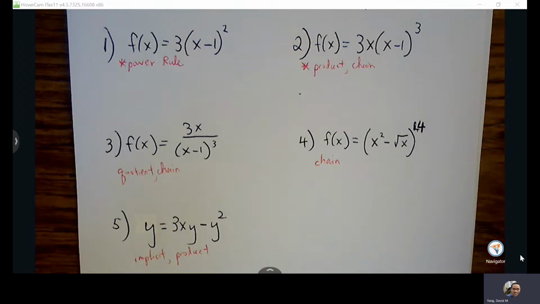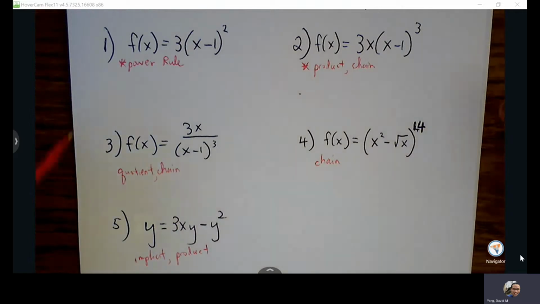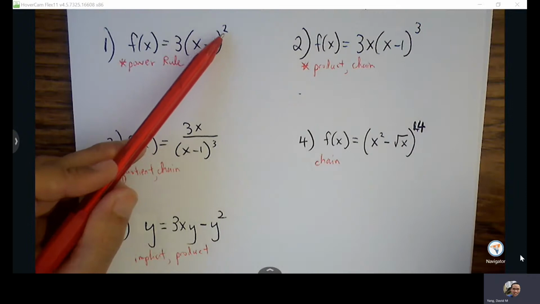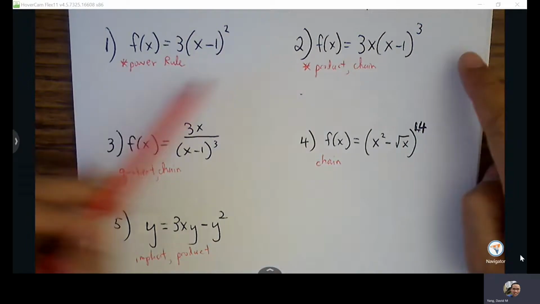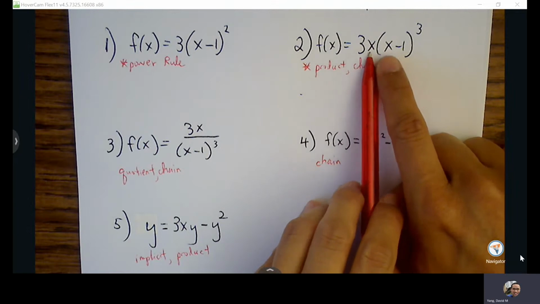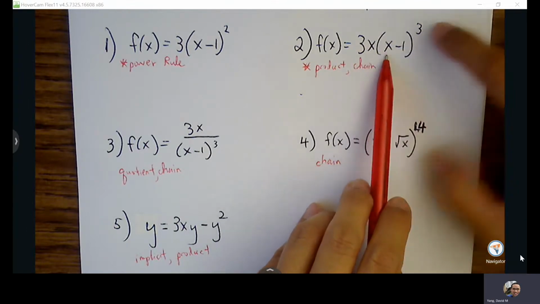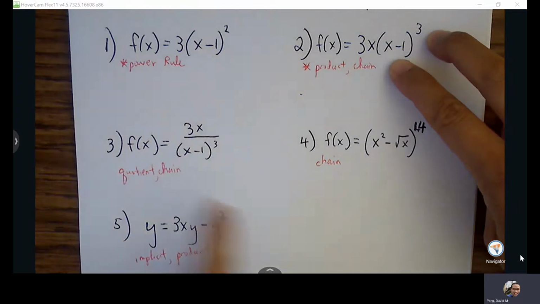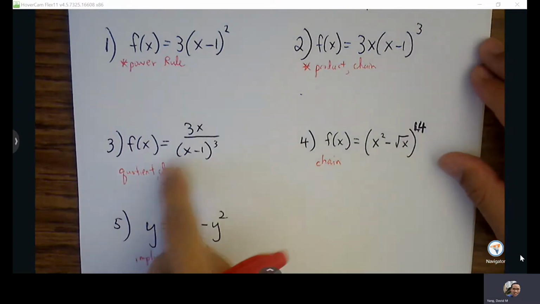Okay, so I think that's the first important thing. We've got to be able to look at a problem and think about whether we even know how to approach it. So power rule, because this is easily expandable. Product rule, because we have two distinct expressions multiplied, but then the second expression has a high power and multiple terms inside, so that's chain rule. Quotient, I think, is easy to spot.